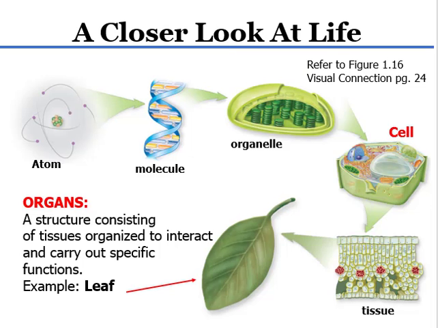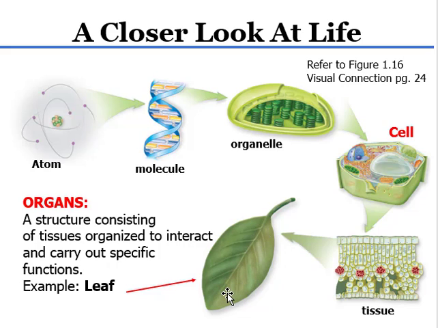Here's a look at the same concept using a plant instead of an animal. And yes, the leaf of a tree is considered an organ. It's made of tissues that are working together, and the organ is capable of gas exchange and fluid exchange.